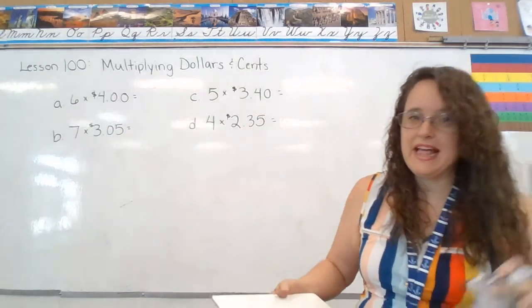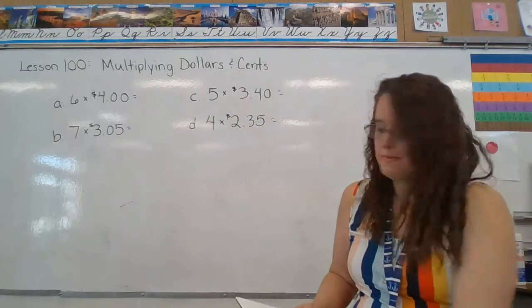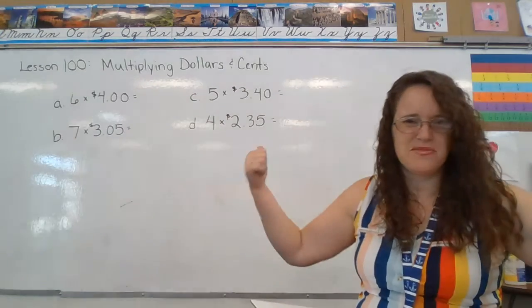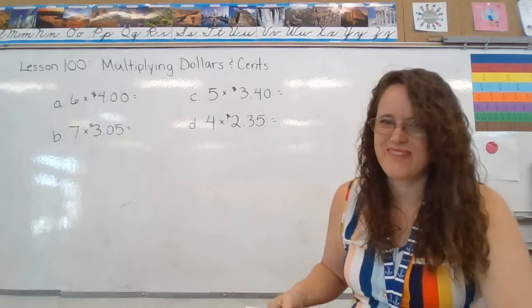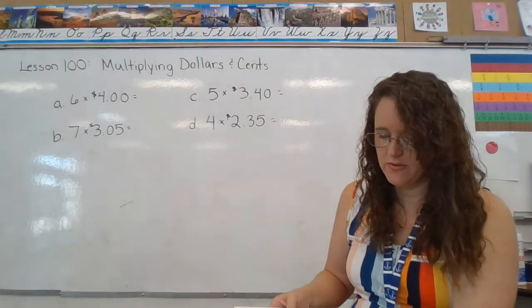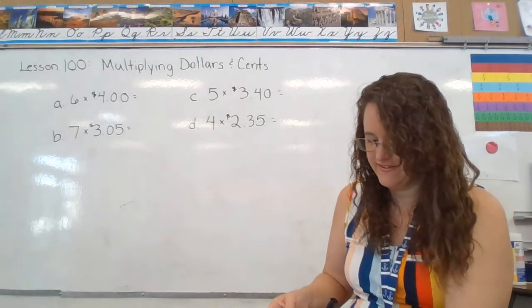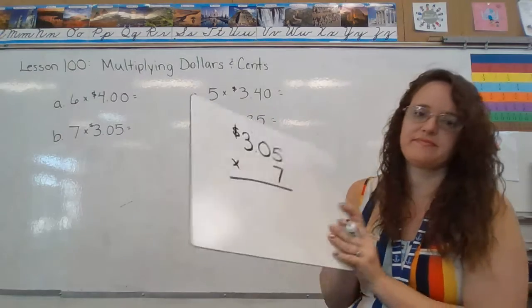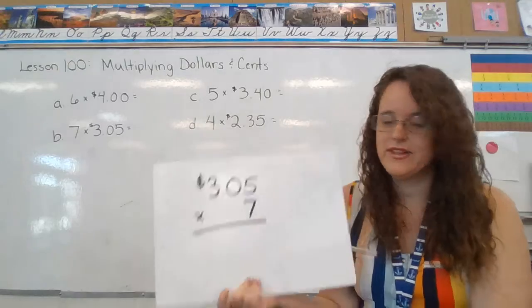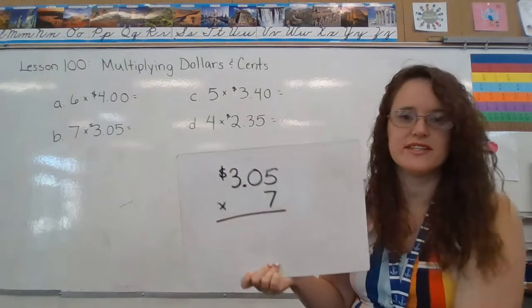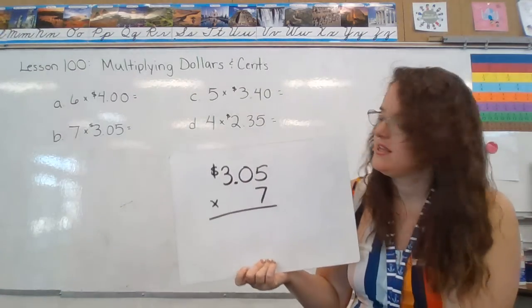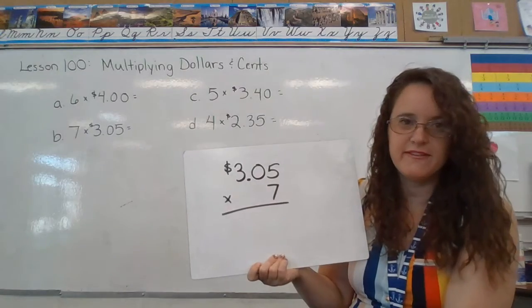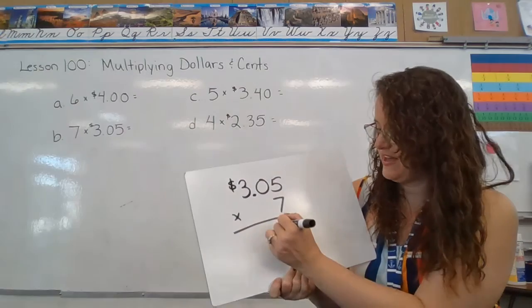All right, they want to make it a little bit trickier with problem B. Do you like the way it's written there? Me neither. Let's rewrite it with the $3.05 on top times 7. And now it looks familiar. Now I can solve this with my multiplication skills. So 7 times 5, 35.